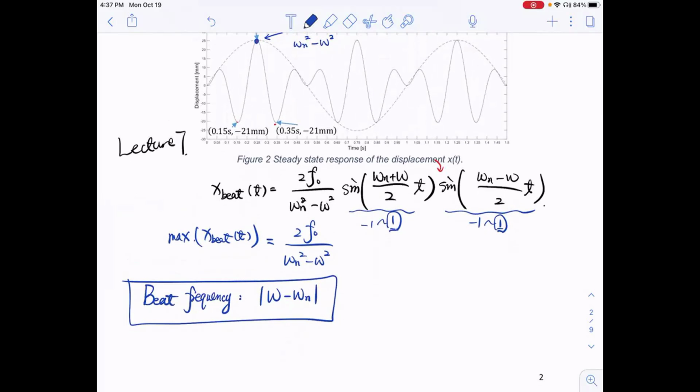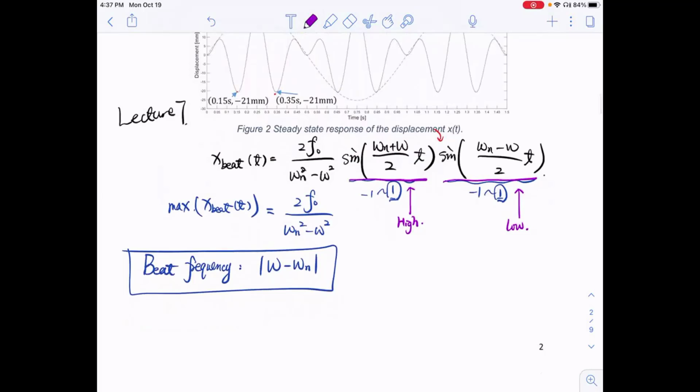As you can see, we have 2 sine waves multiplied by each other. If you know signal processing, that's called modulation. If you multiply 2 sine waves, your signal has 2 frequency components: the first is the high frequency, and the second is the low frequency component.